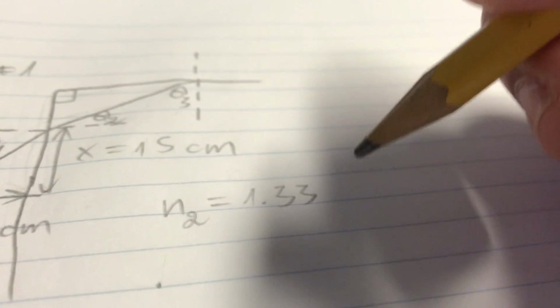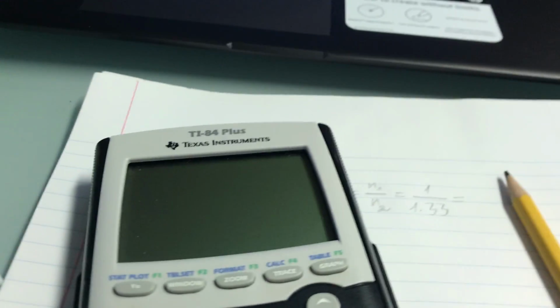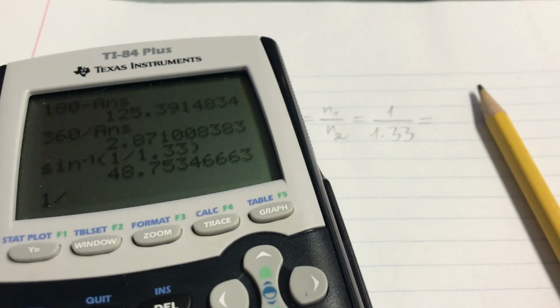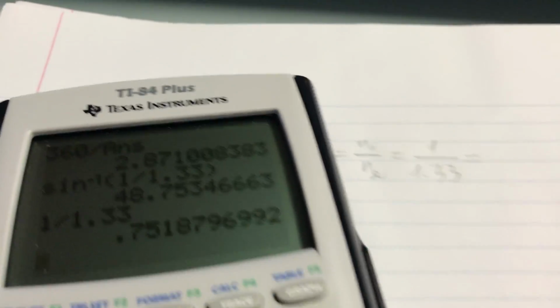First of all, we can find the critical angle, and in this case the formula is: sine of the critical angle is n1 over n2. n1 is 1 and n2 is 1.33, so 1 divided by 1.33 is 0.752.